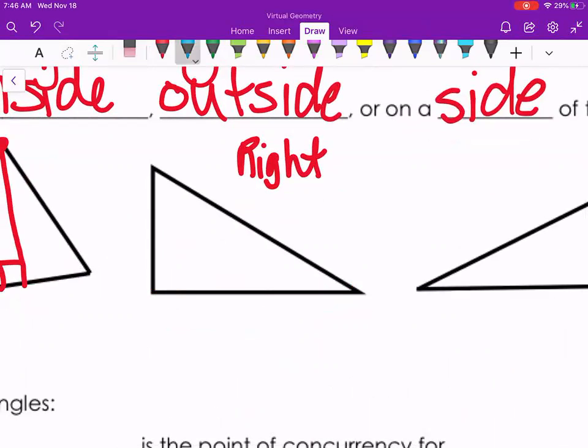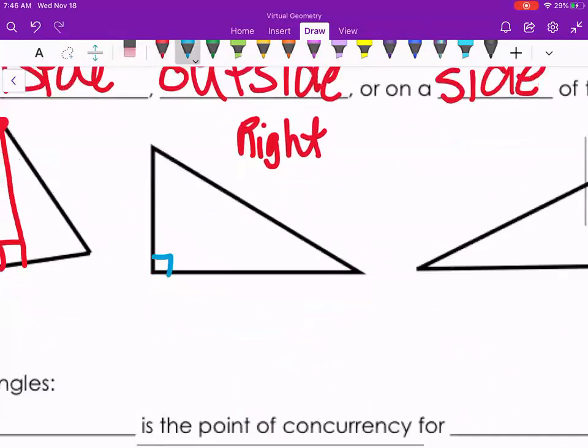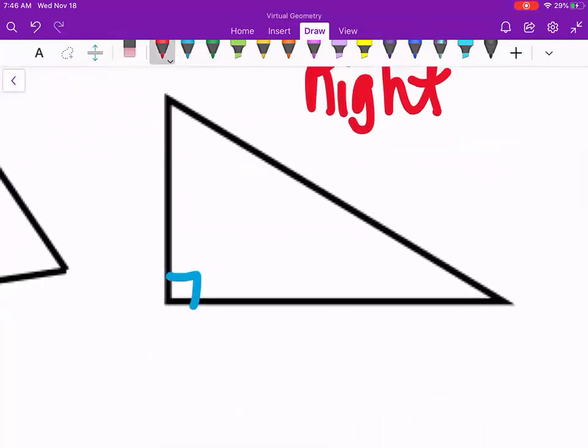Okay, and if I do it from the vertex where the 90 degrees is already at, that one actually goes inside the triangle. Okay, so that's what it means by sometimes they could be on a side. So I'm just going to redraw this one, and there's my altitude.